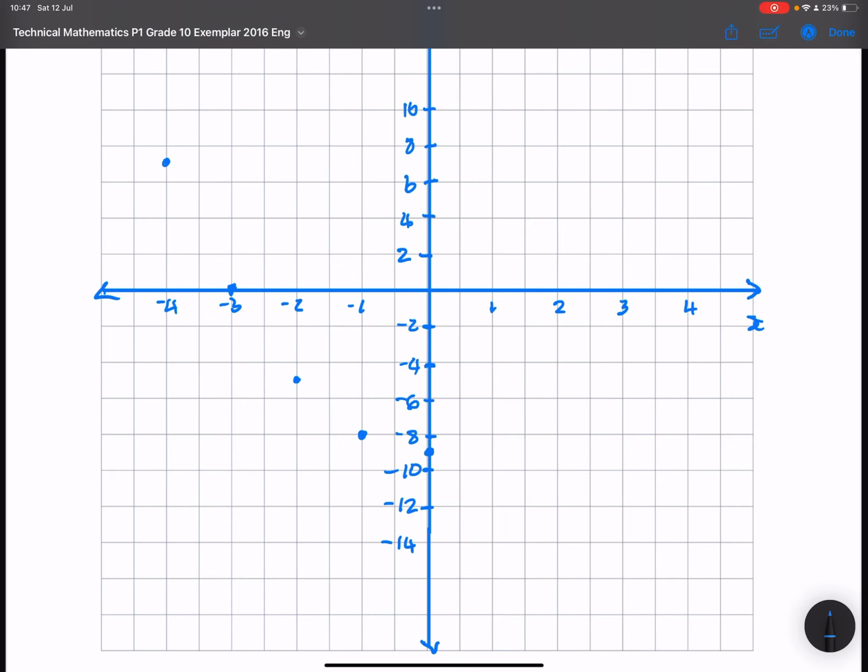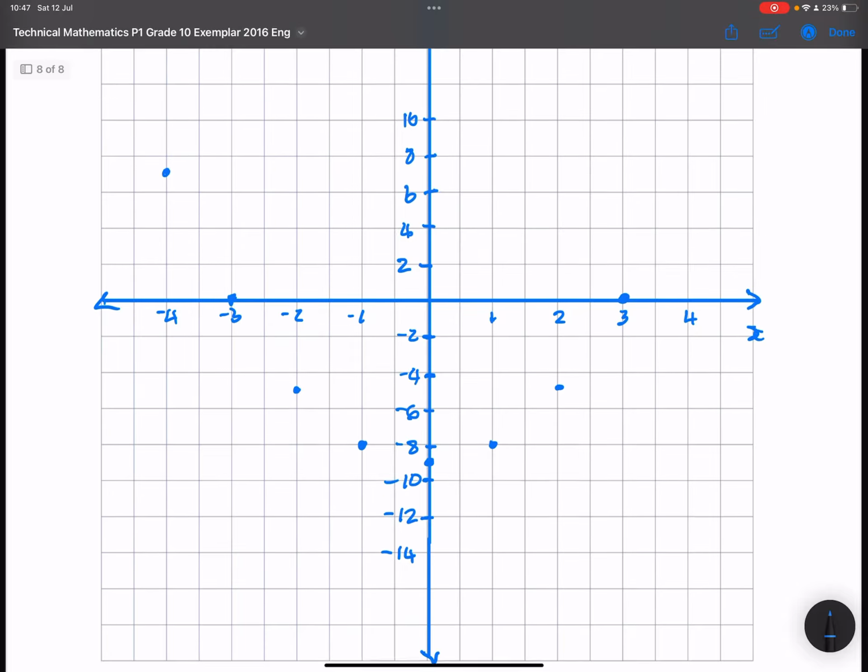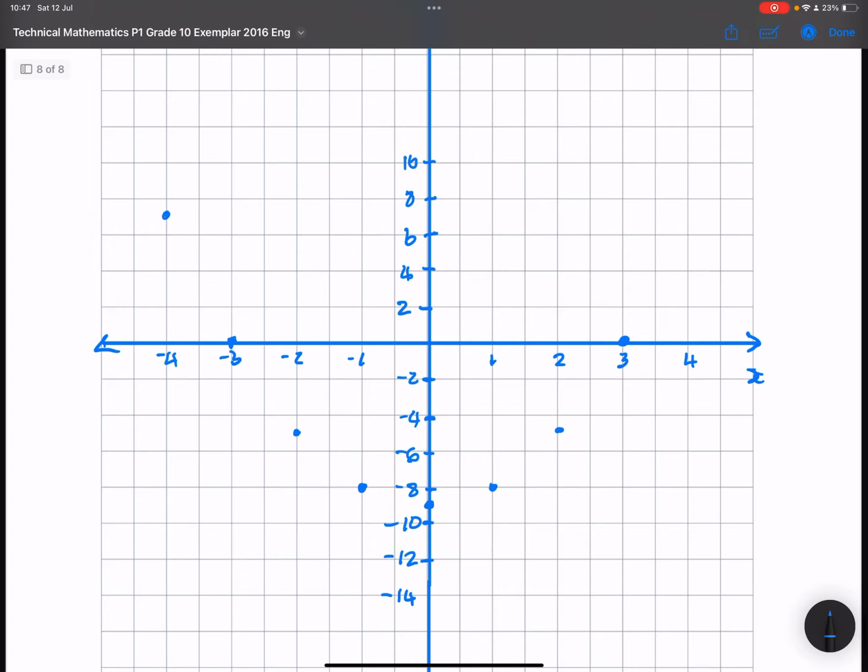Okay, you can see it's taking on that parabolic function. So again, we've got negative 8 at 1. At 2, it's negative 5. At 3, we've got a 0 yet again. And at 4, we've got 7.